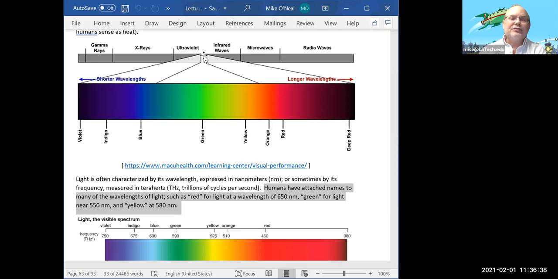Well, fire mainly produces heat. It produces some light. And so we've all sat around a campfire and both felt its warmth and enjoyed its light. But it tends to be a reddish kind of light, a yellowish reddish light. And that makes sense because it's mainly centered over here in the infrared.